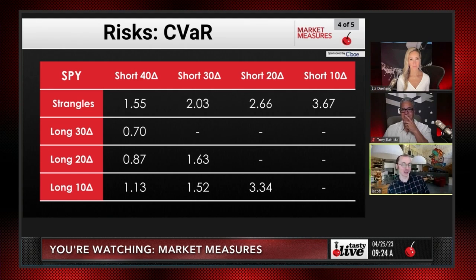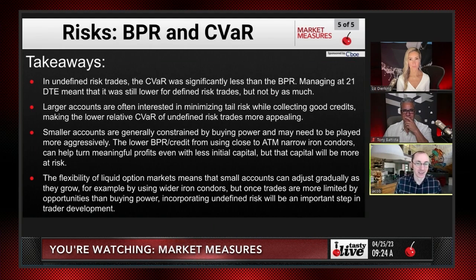All right, let's go to takeaways. So for our undefined risk trades, the conditional value at risk was significantly less than the BPR. Managing at 21 DTE meant that it was still lower in the defined risk trades, but not by as much. When we went from BPR to conditional value at risk, the strangles dropped a lot, whereas the iron condors came down a bit.